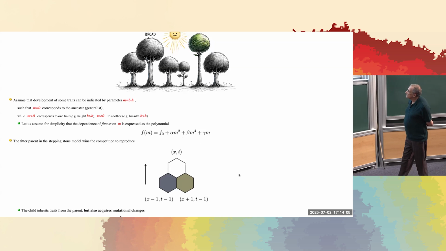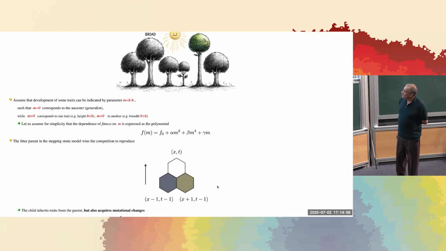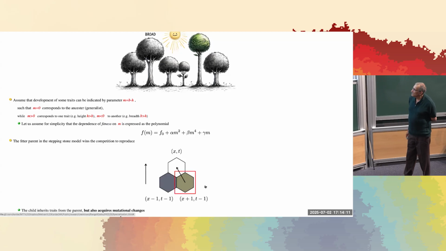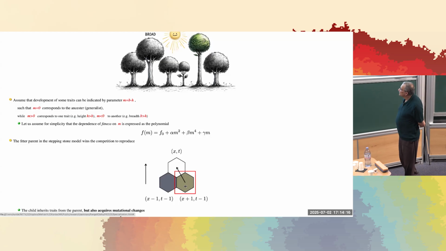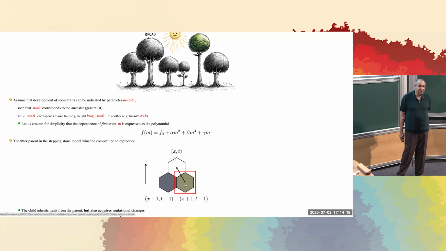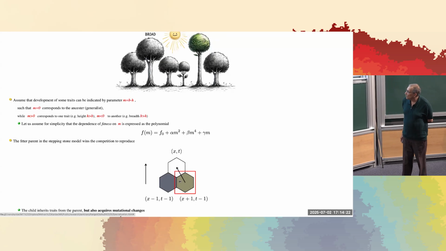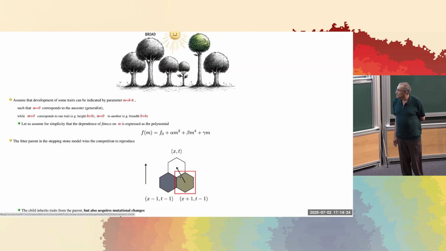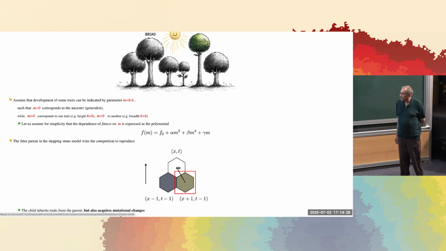So then the story is that if I have two species that are next to each other in the kinds of models that we have been describing, it makes sense that I ask what are the fitnesses of the two species, and then I select the one that is fitter to grow and have a child.